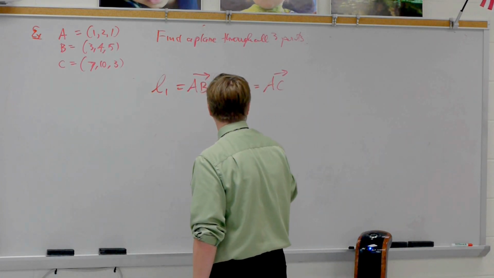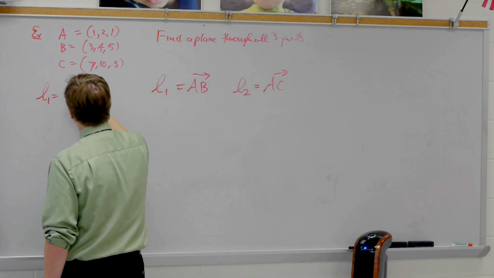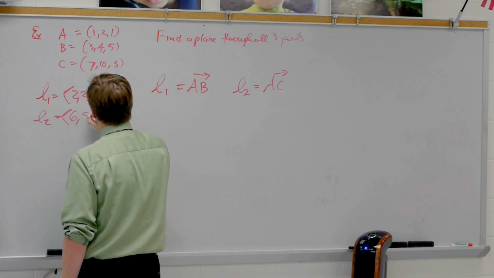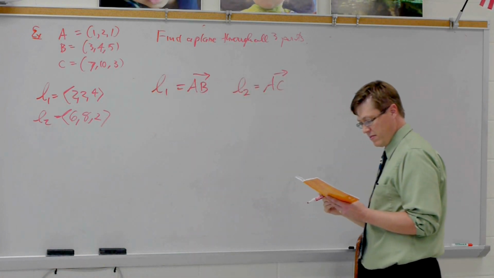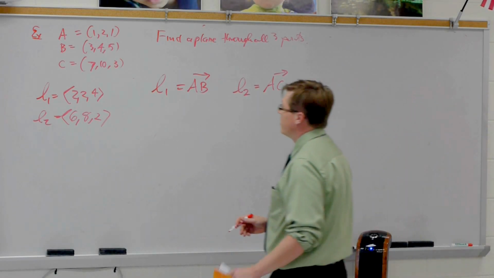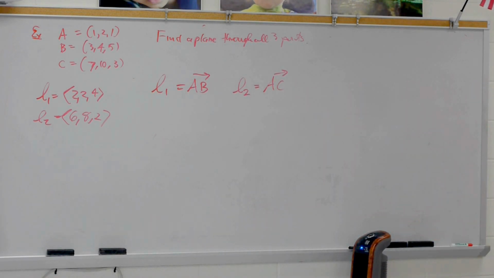So in this case, L1 is going to be 2, 2, 4, and L2 is going to be 6, 8, 2. So it's just the displacement vector between A and B.